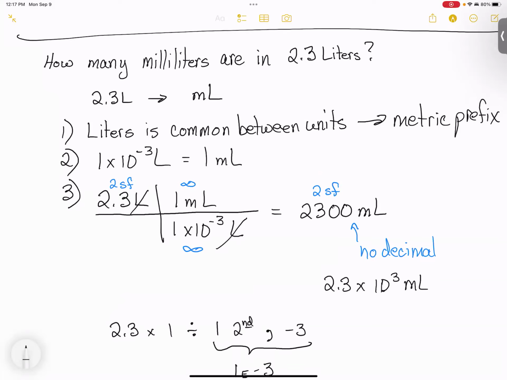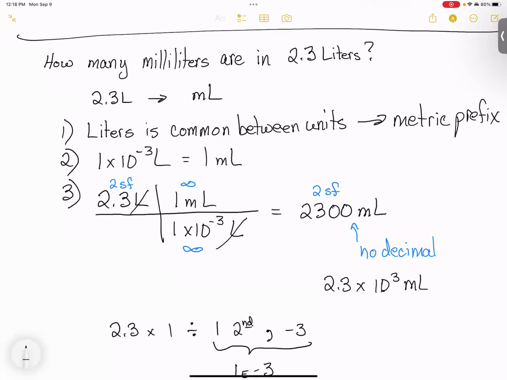And that conversion factor is 1 milliliter is 1 times 10 to the minus 3 liters. The way I know what goes in the numerator and what goes in the denominator is all based off of this first one. I had a liter in the numerator. That means to get rid of it, I had to have the liter portion in the denominator. So I literally picked up this entire piece and put it into the denominator. Because the unit's what I was paying attention to. Okay. Does that answer it? Yes.